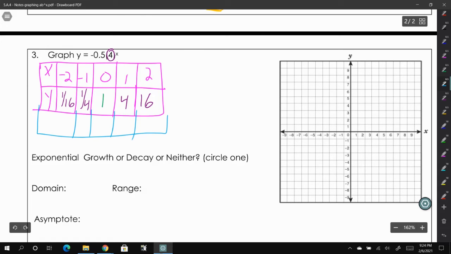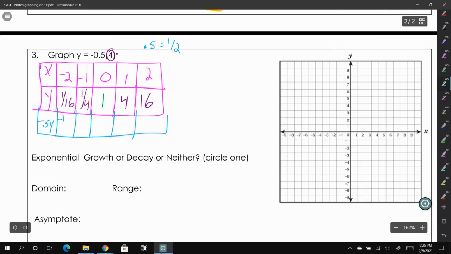Now for the third row, we're going to multiply all the y values by negative 0.5. So 1/16 times negative 0.5, well, 0.5 is like 1/2. So you could think of it as 1/16 times negative 1/2.